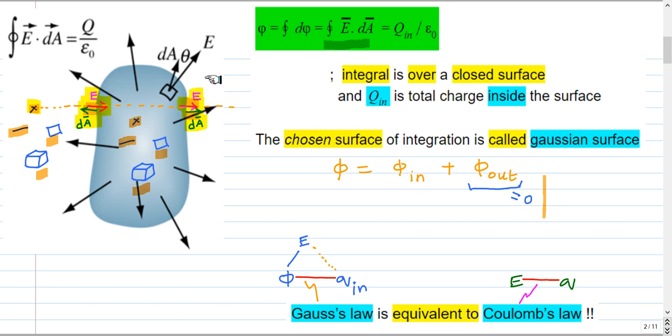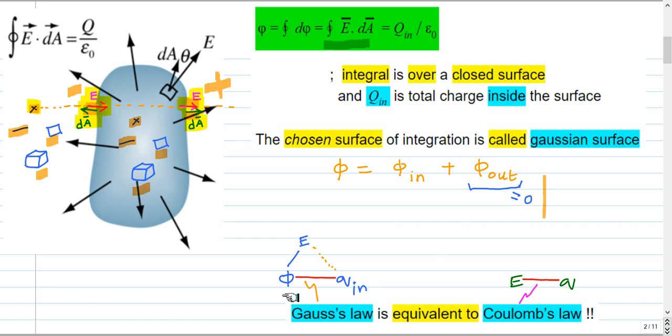So here E dot dA is positive and here E dot dA is negative. So in some sense there is some sort of cancellation. The total surface can be covered by taking pairs of elements like this. So we can have an understanding of why the electric flux due to the charge which is present outside of the closed surface is 0.